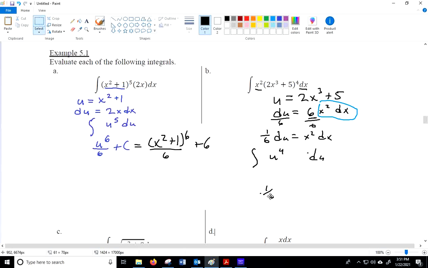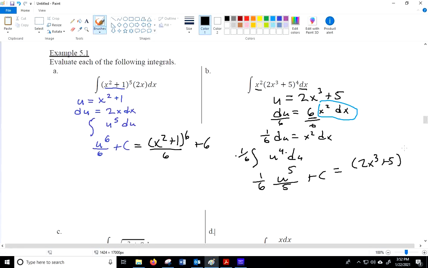So you'll see that, since there's oftentimes this little constant or fraction in front of my du, I quite often just immediately put that in front of the integral sign when I replace my u's. So now I have 1/6 times u to the fifth over 5 plus c. And we can clean that up a little bit as we substitute back in our u: (2x cubed plus 5) to the fifth over 6 times 5, which is 30, plus c.